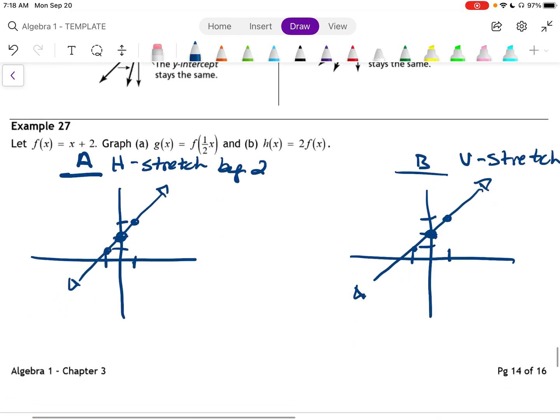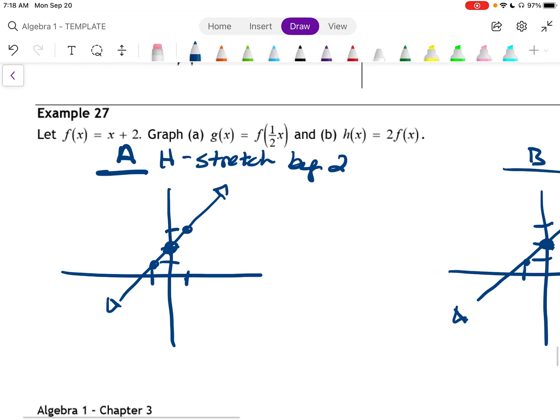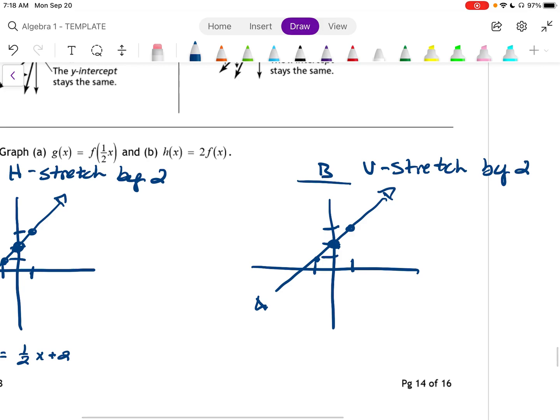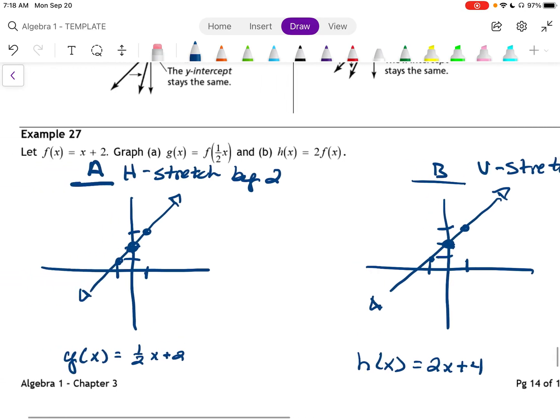Now, I'm not going to actually graph this. We could. This would be graphing the function g of x equals 1/2 x plus 2, and the other one would be h of x equals 2x plus 4. I'm not going to graph those for real, but I want to show you what would happen. For a horizontal stretch, it's like you grab the edges and pull them to the left and the right.